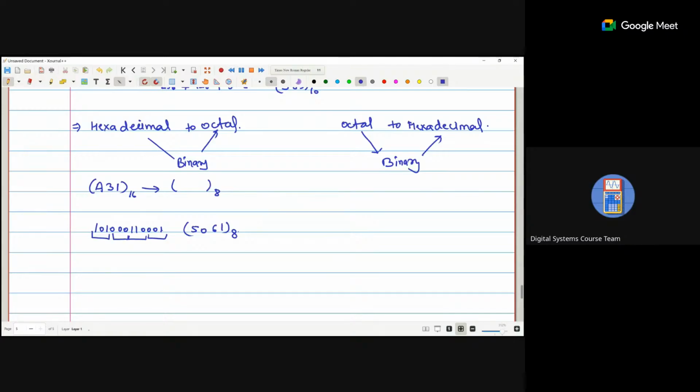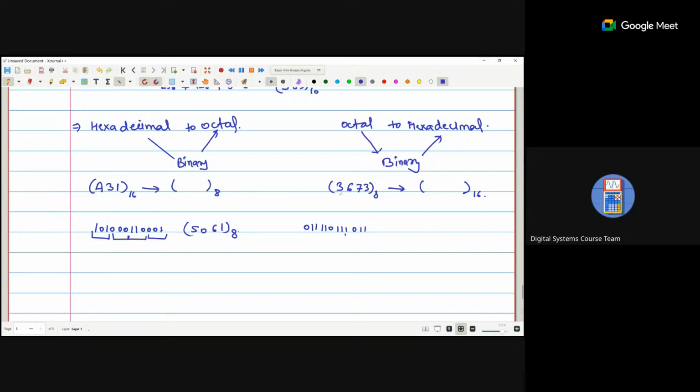Okay. And similarly, octal to hexadecimal 3, 6, 7, 3 into base 16. So we represent into the binary. So 3 is 0, 1, 1. 6 is 1, 1, 0. 7 is 1, 1, 1. 3 is 0, 1, 1.